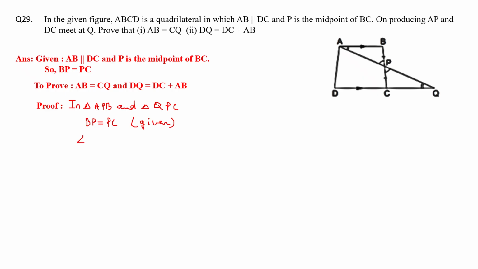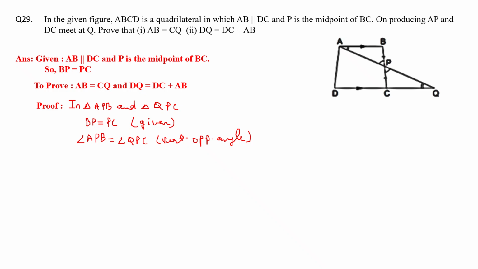Now next, angle APB is equal to angle QPC, vertically opposite angles, isn't it? I'm writing in short. And the third one, see, AB and DC are parallel. So it means AB and DQ are also parallel. And if I take AQ as transversal, then angle BAP equals angle CQP. They are alternate interior angles, isn't it?